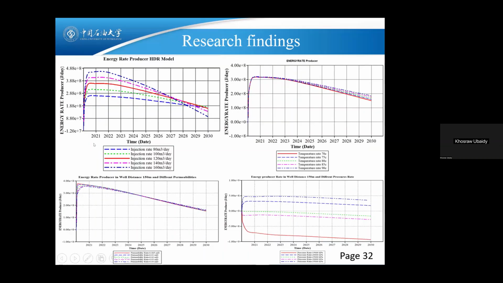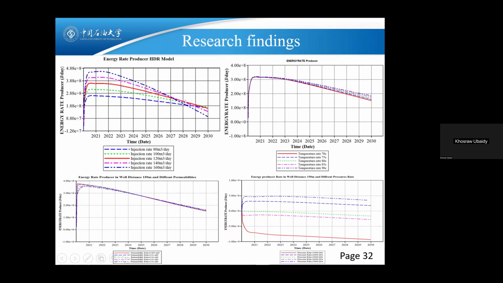So as long as we can see here, for injection rates of 80 meter cubic over day to 160 meter cubic over day, we can find out the injection rate of 120 meter cubic over day is smoother, almost stable, but still not that much.